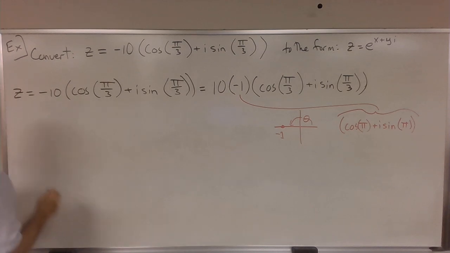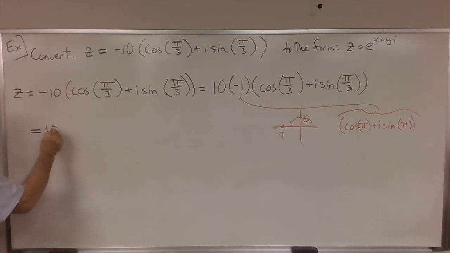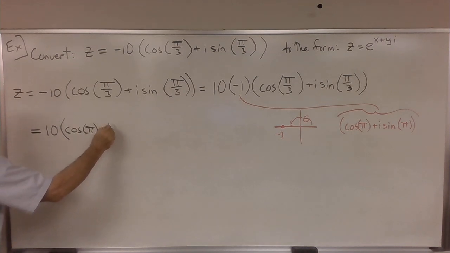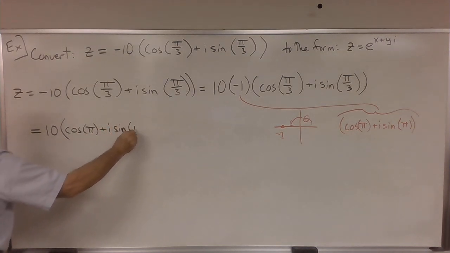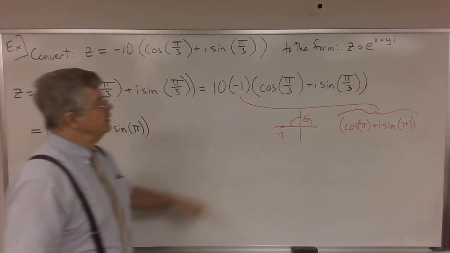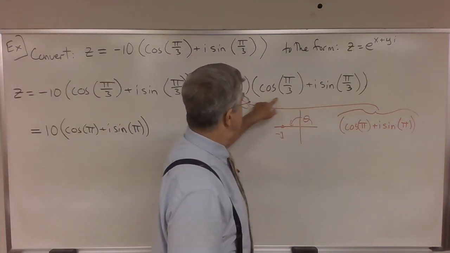And I'm going to make that substitution in the next step. See, cosine of pi plus i sine of pi times all of this junk.